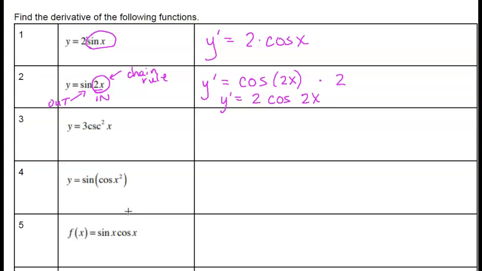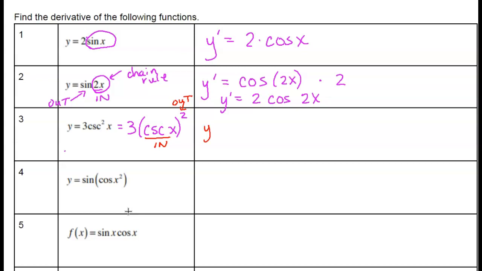All right. Now, number 3 is always tricky the first time you see it. This squared, that's how you write trig when you have powers, but when you do derivatives, that's not helpful. So you need to rewrite that 2 on the outside. And so what I notice is this is the inside. The 3 is kind of irrelevant because it just gets multiplied. And on the outside, we have a power.